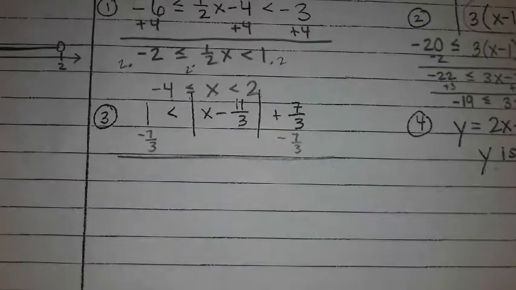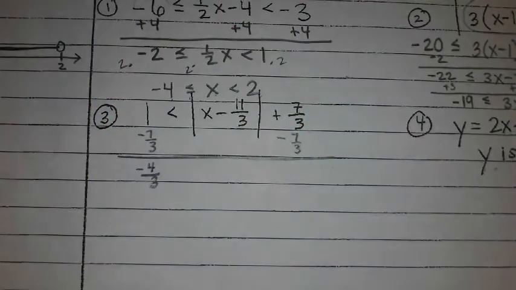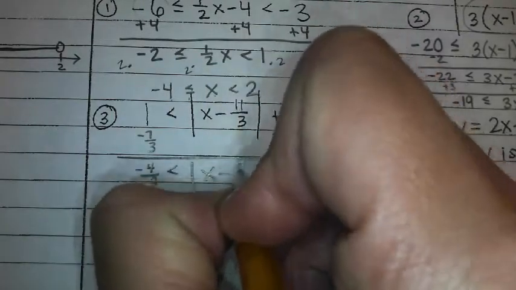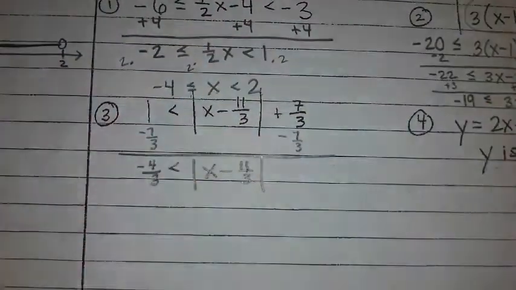What is 1 minus 7/3? Negative 4/3. Share with everybody how you did that so quickly, Taylor. Right, so she quickly got that common denominator. Negative 4/3 is less than the absolute value of x minus 11/3.